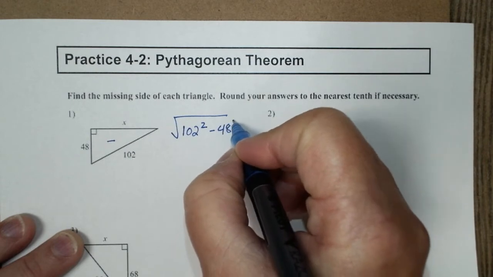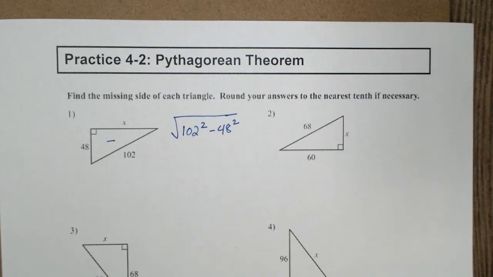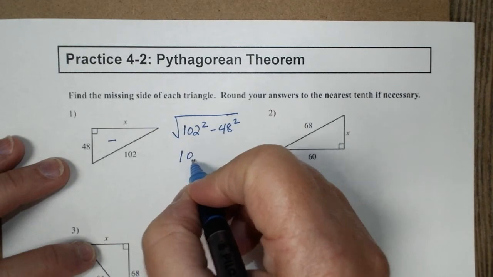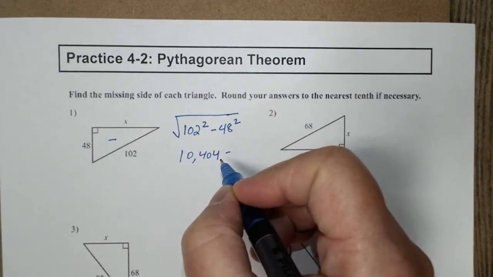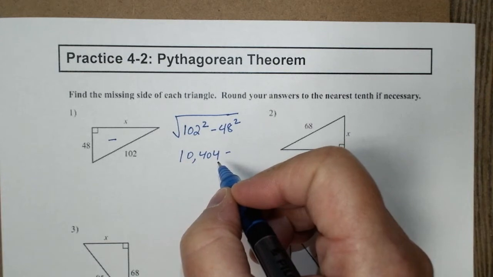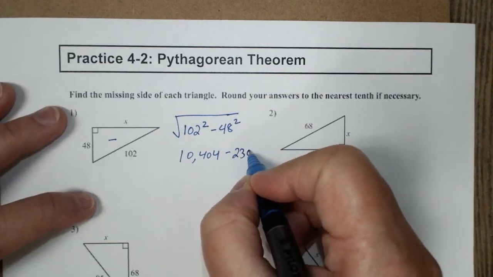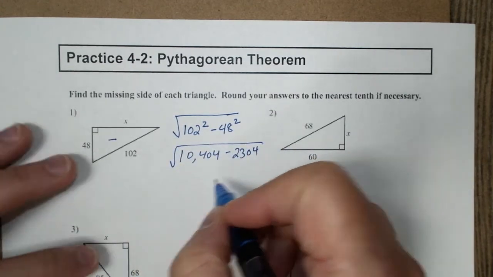minus. So I'm going to do 102 squared, and I get 10404 minus 48 squared, and I get 2304, and then I subtract.